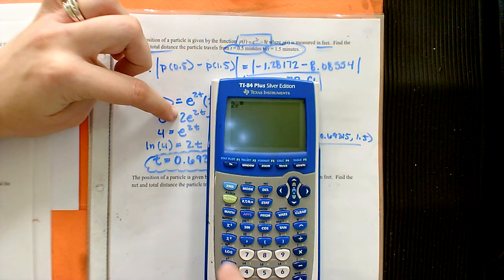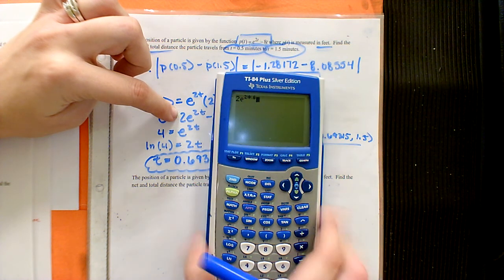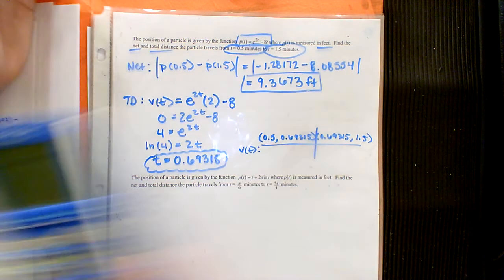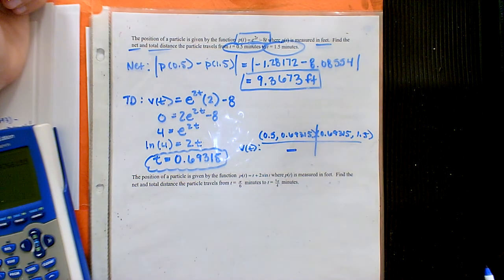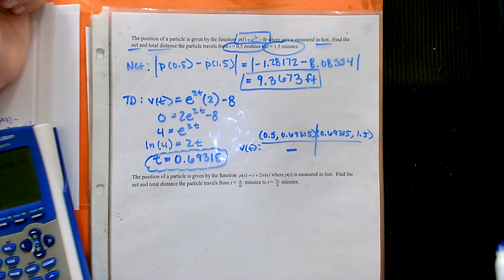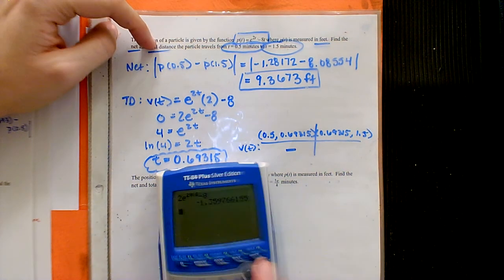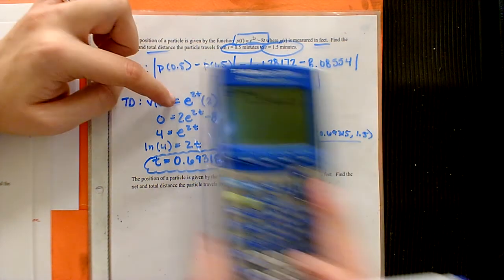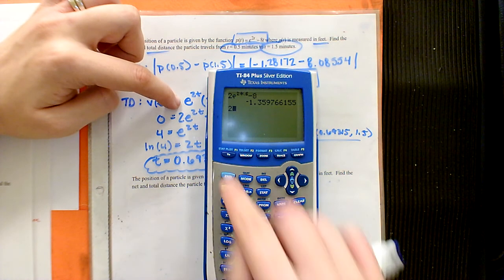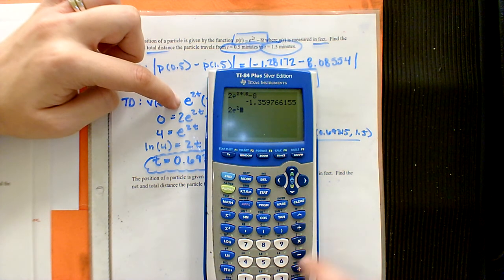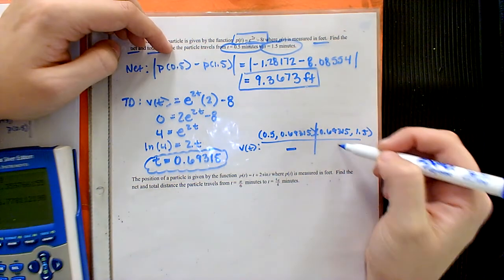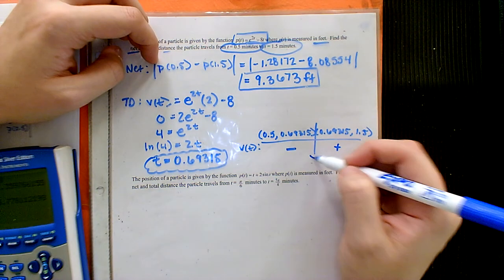So 2e to the 2 times 0.6, and then we got to subtract 8 on the end. Looks like that's negative. So on this interval, we're traveling to the left. Velocity is negative. And then pick a number between 0.69315 and 1.5. 1. If we plug in 1, 2e squared minus 8, positive. So we do actually change direction.